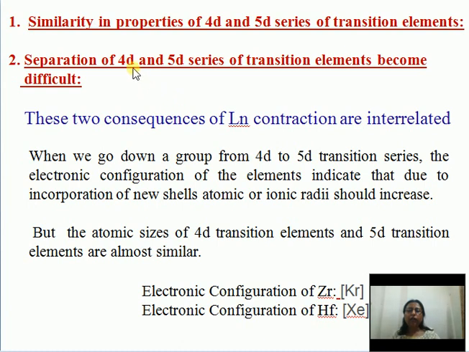Actually, from 4d to 5d series means we are going down group wise, and you know very well when we go down group wise in the periodic table, the atomic or ionic radii value should increase because of the incorporation of new shells in the configuration. But in case of 4d and 5d series, it is very surprising to note that the sizes of the elements remain almost the same.